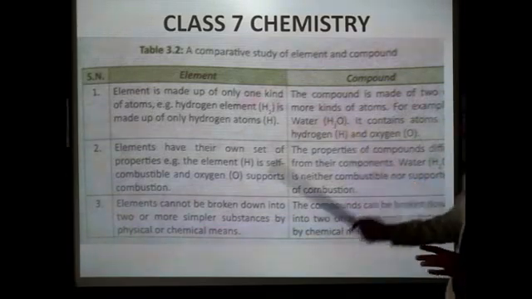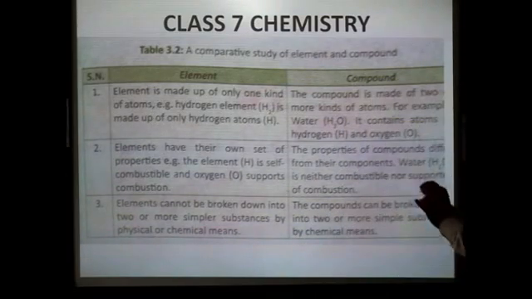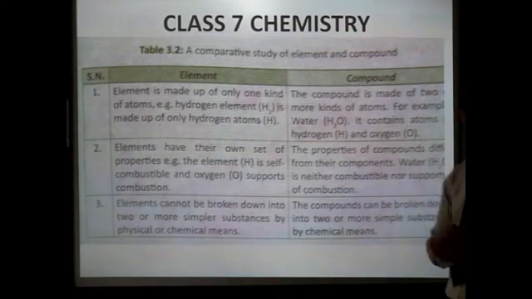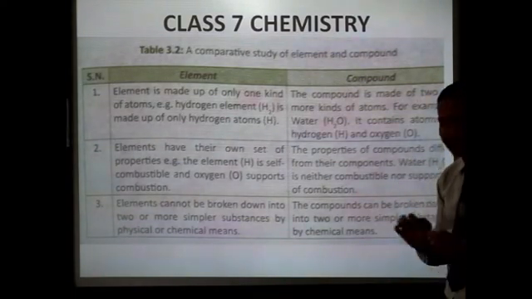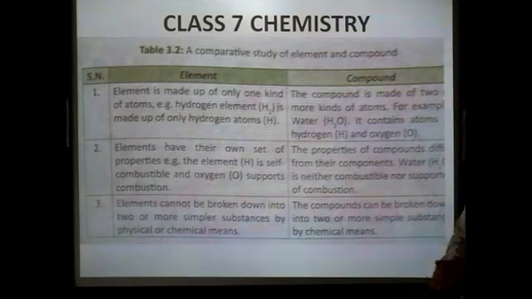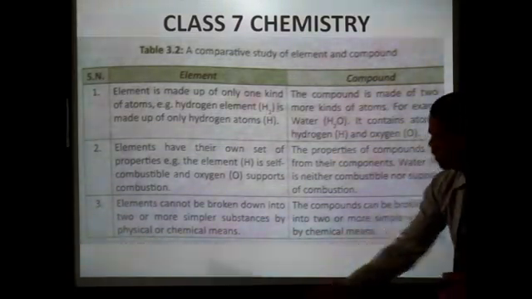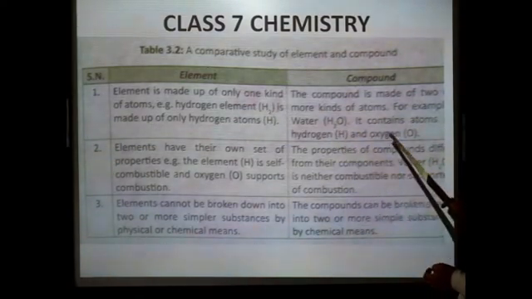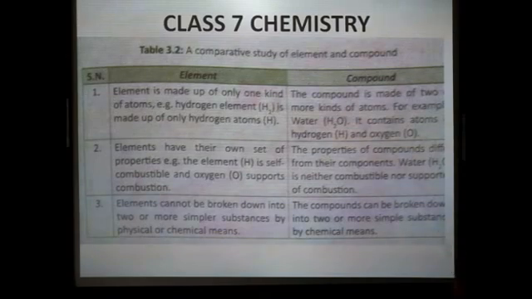That means it has two or more kinds of atoms. In the case of water, it contains atoms of hydrogen and oxygen.